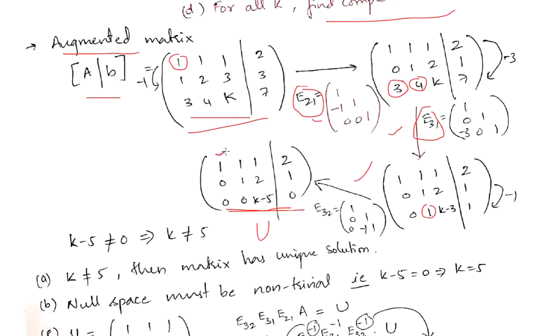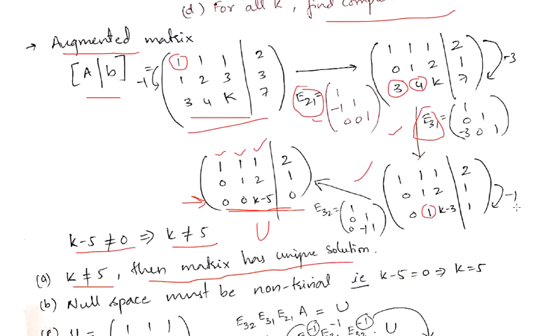So the condition is that the rank should be the same as the number of columns. The rank will be equal to 3 only when this row is not completely 0. This is possible only when k minus 5 is not equal to 0, which implies k is not equal to 5. Then the system has a unique solution.